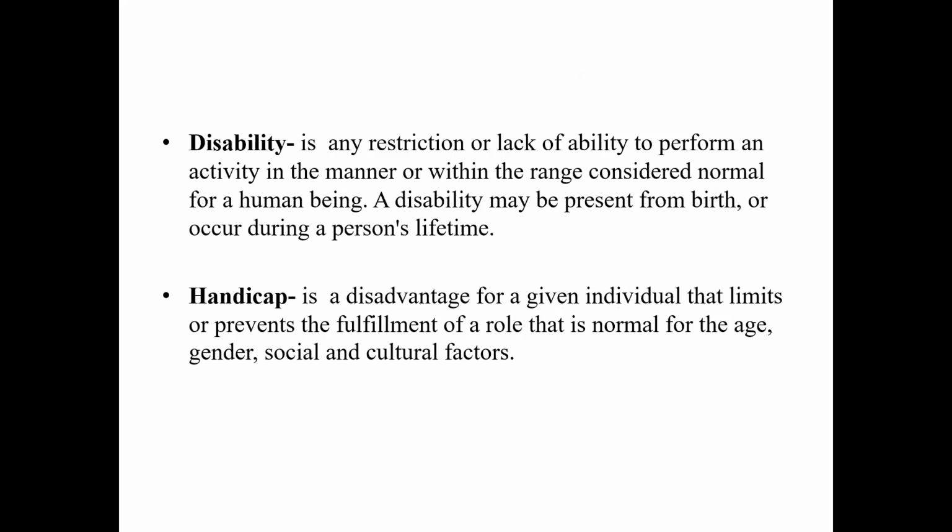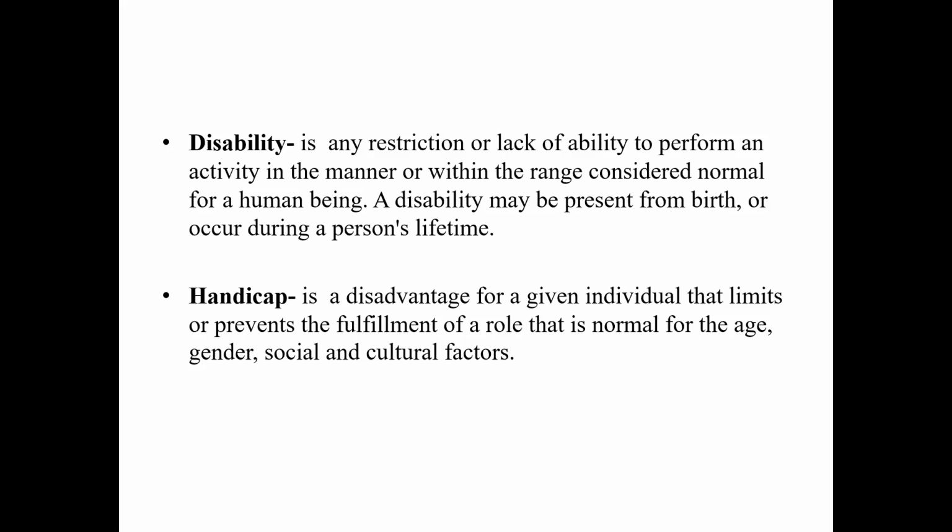Disability is the lack of ability to do something. The person may not be able to do a particular function because of the disease or because of his problem. That is called disability. So impairment is different, disability is different.